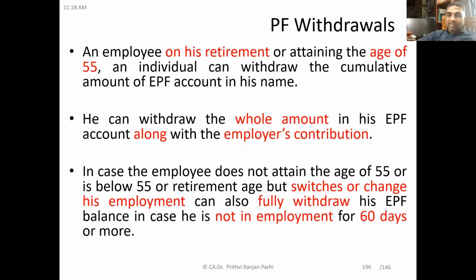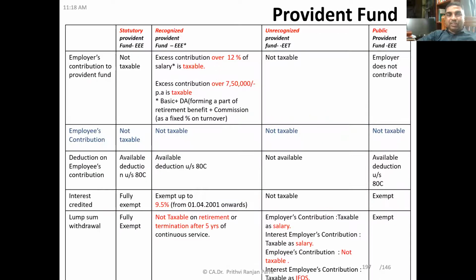In case the employee has not reached 55 but switches or changes his employment, he can fully withdraw his EPF balance if he is not in employment for 60 days or more. He can withdraw the entire money. So these are the provisions for withdrawal. This is a general understanding about provident fund.